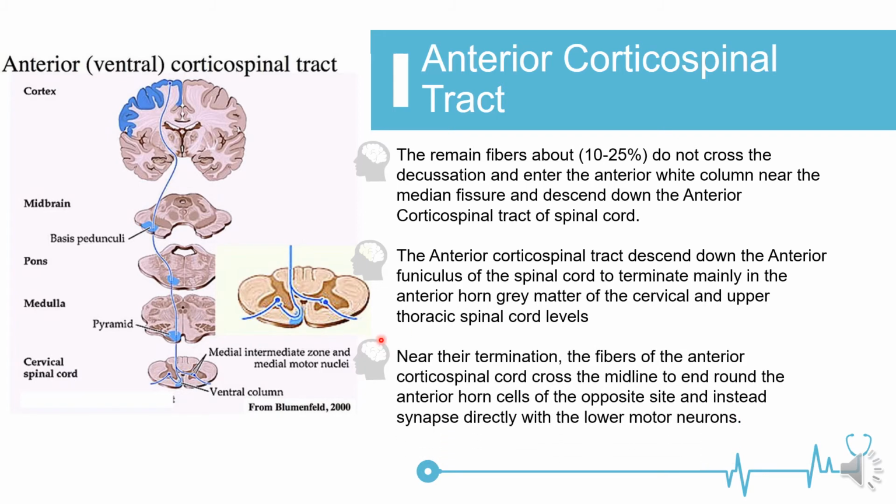Near their termination, the fibers of the anterior corticospinal tract cross the midline to end around the anterior horn cell of the opposite side and synapse directly with the lower motor neuron.